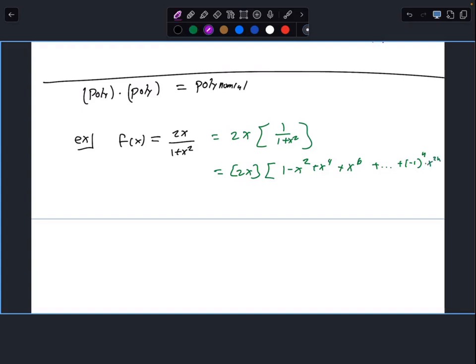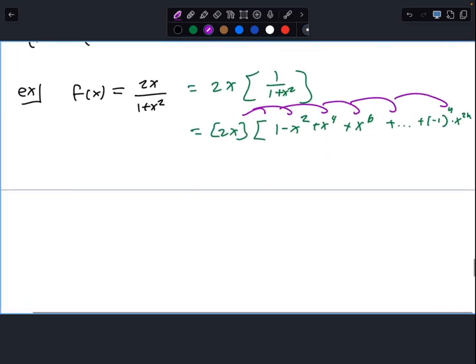And so I can now just multiply. Doing so gives me my first term being 2x, minus 2x cubed, plus 2x to the 5th, minus 2x to the 7th, plus dot dot dot, plus negative 1 to the n times 2x to the 2n plus 1.